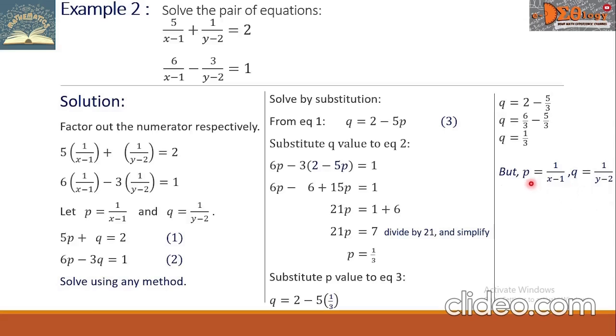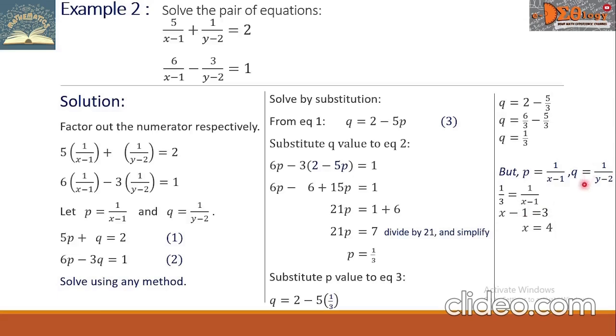Let's begin with this p equals 1 over x minus 1. When we substitute the value of p as 1/3, it becomes like this. 1/3 equals 1 over x minus 1. When we cross multiply, it becomes x minus 1 equals 3. Then this negative 1 we transpose to the right. It combines with the positive 3 on the right. So we have x equals 4.